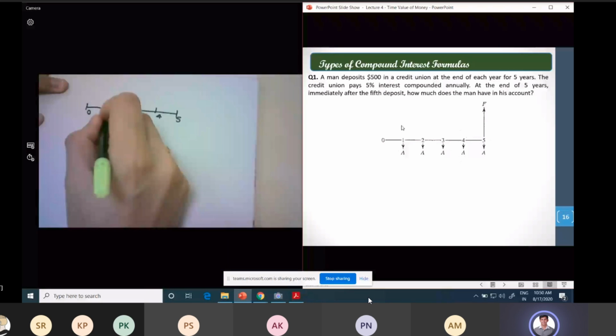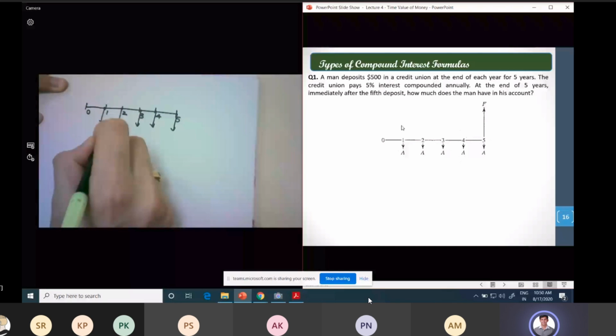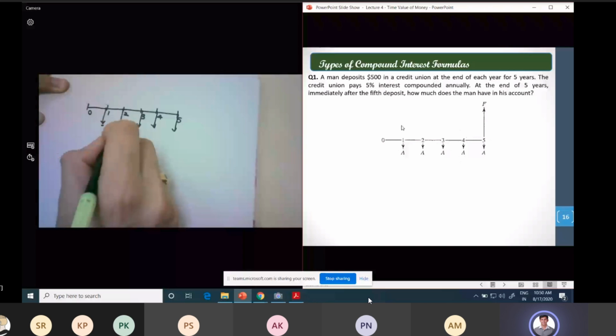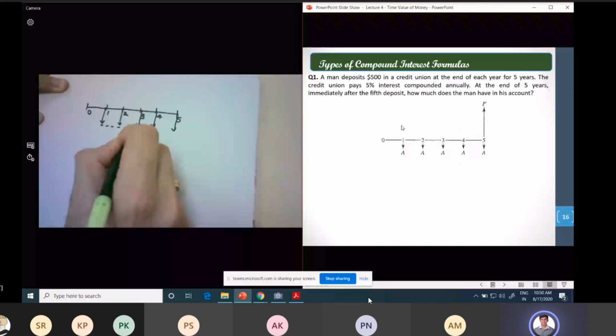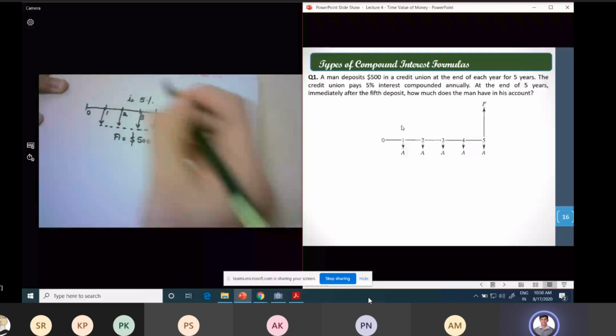The value of the deposit is the same, and he deposits up to 5, right? So this value is A and its value is $500. Interest rate is 5%, not 8%, 5%.